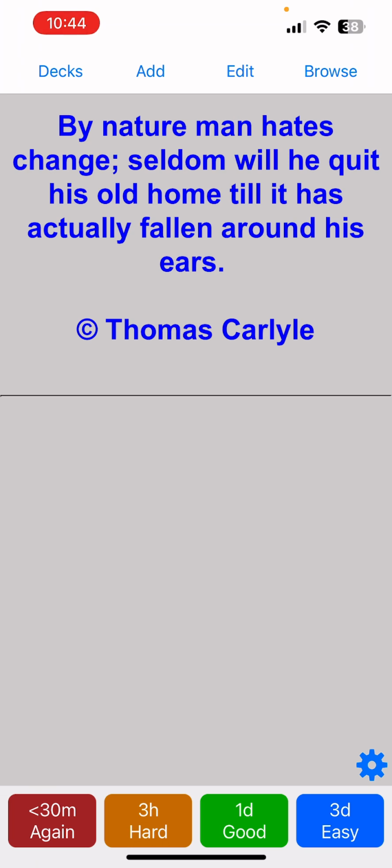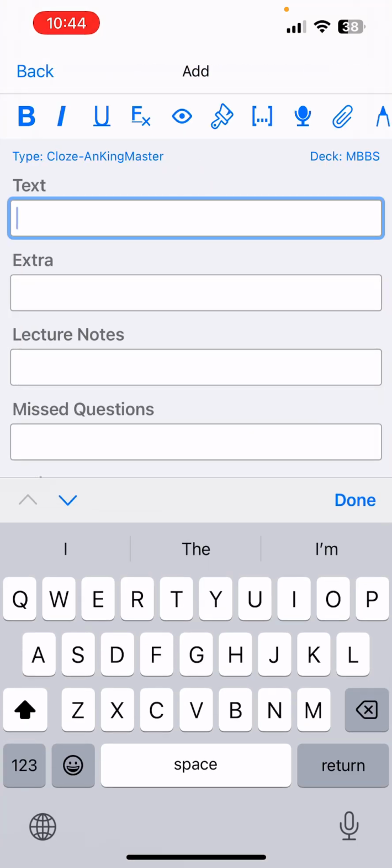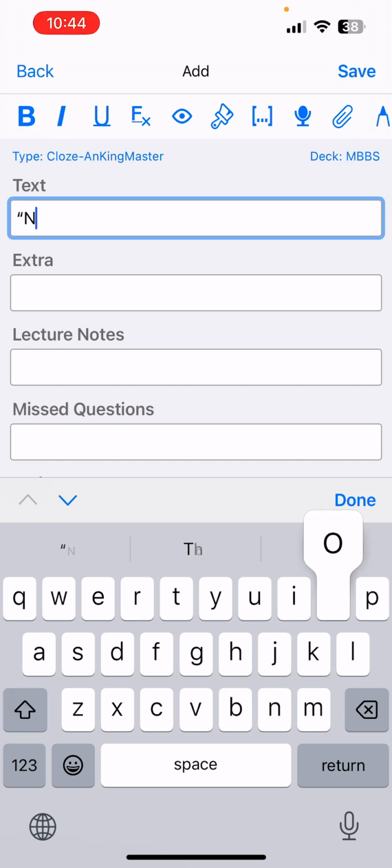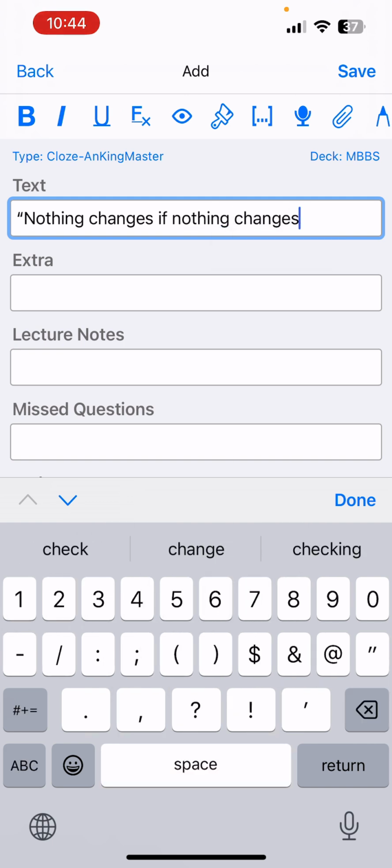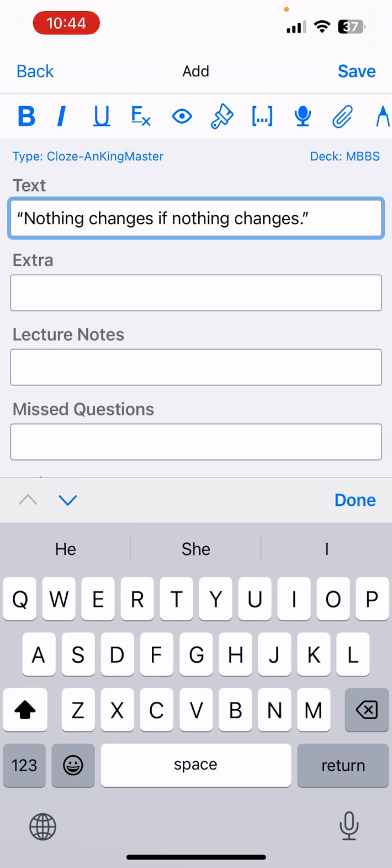But then again, there's a really good quote that I love, bro. Let me actually type it up before I forget it. I don't remember who said it originally, but it goes like this. Nothing changes if nothing changes. So if you want a different result, you need to do something different.